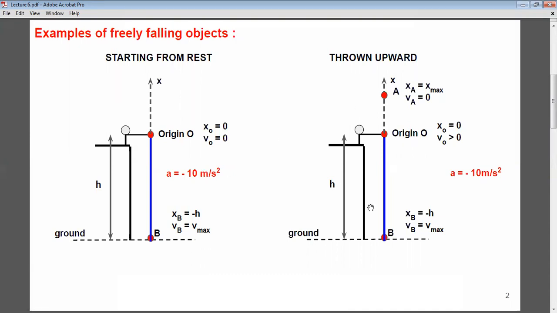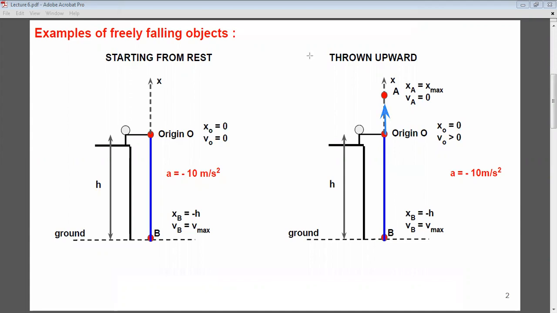So another scenario we can consider: if we take the ball and throw it upward, first it will go up, then it will go down and reach point B again. While it's going up, it will be slowing down until it stops at point A. Then it will start falling again.